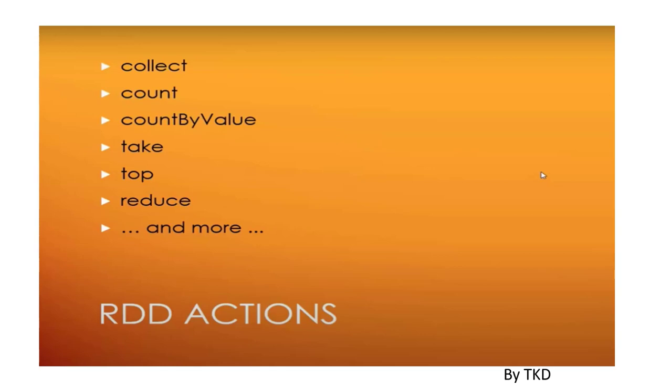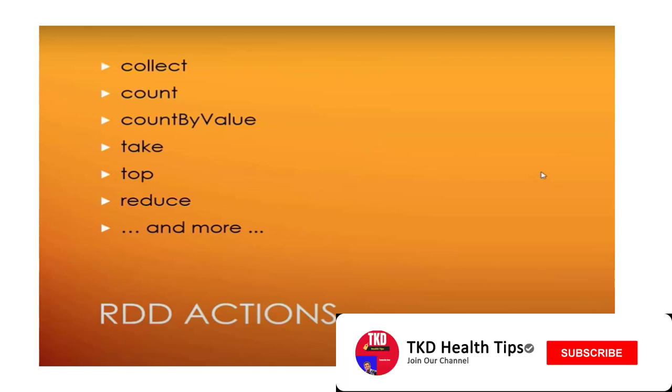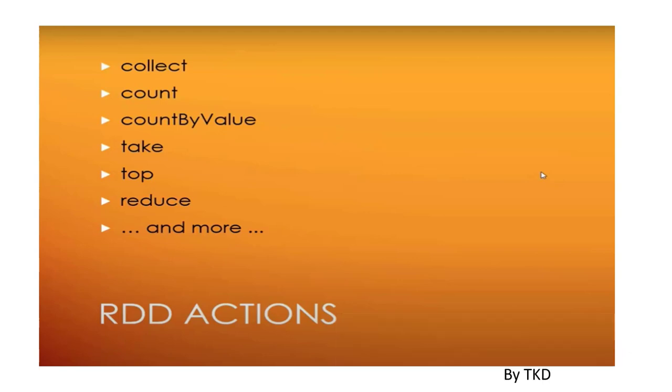But remember, in Spark, nothing actually happens until you call an action on an RDD. So when you call a collect or any of the other actions, Spark will go out and try to figure out what is the optimal path to actually produce the results that I want.